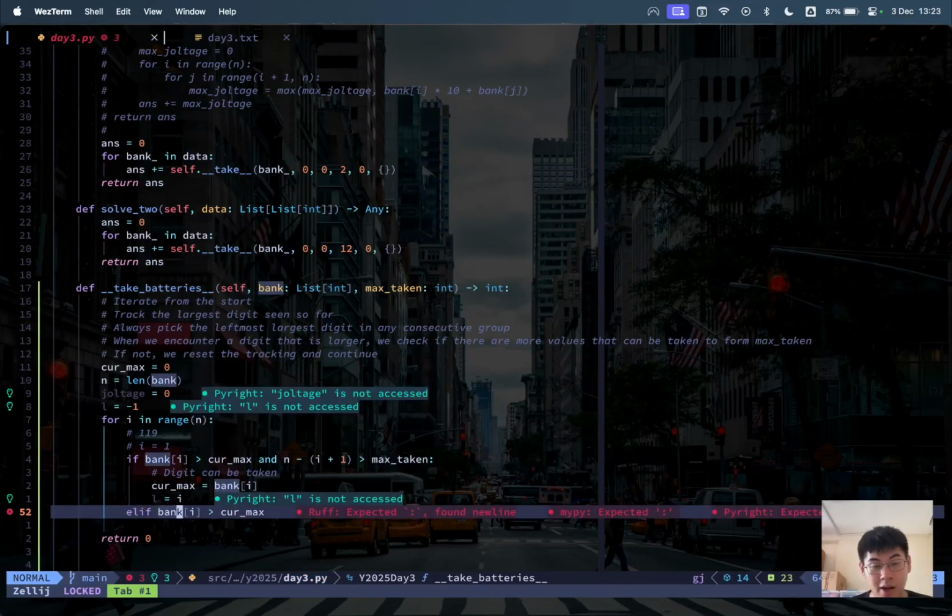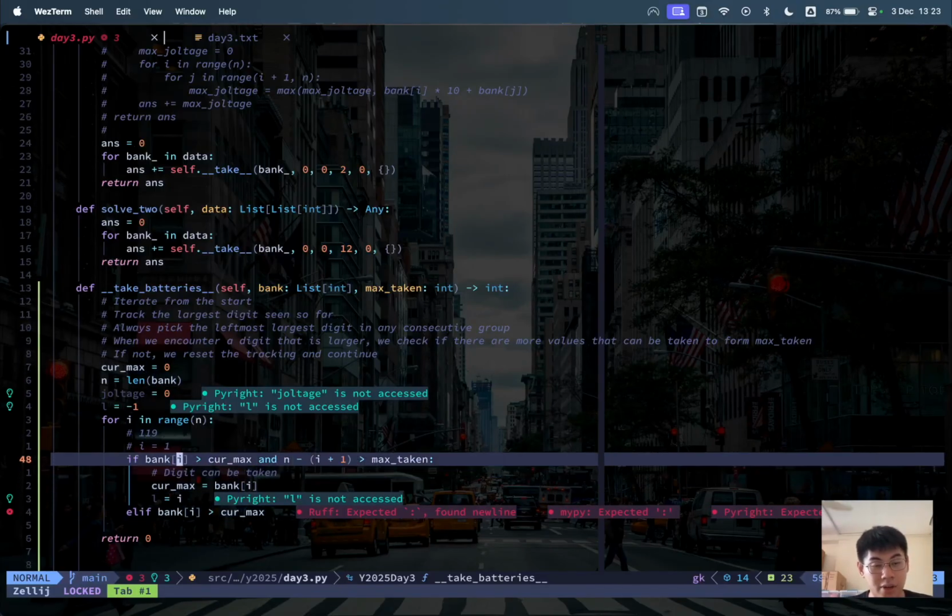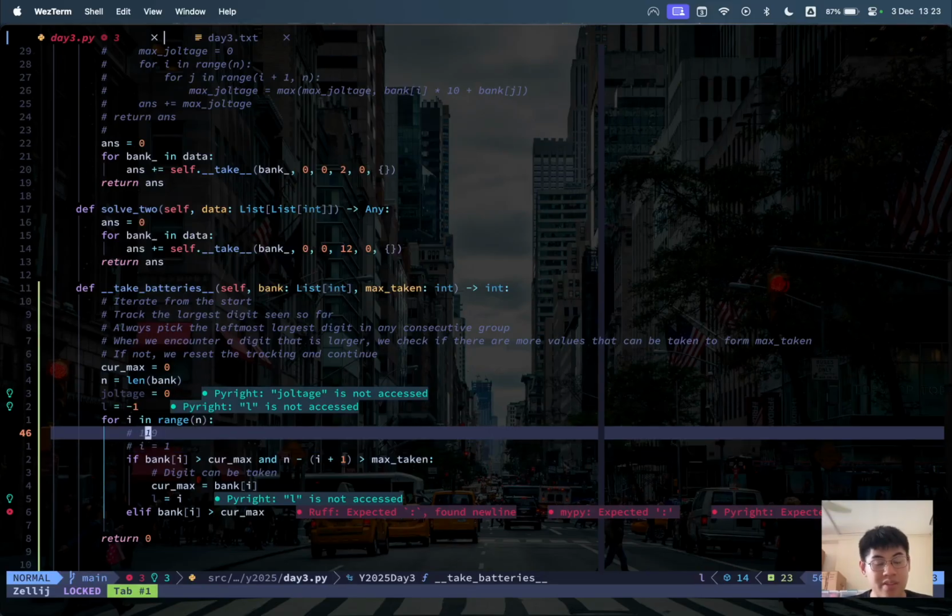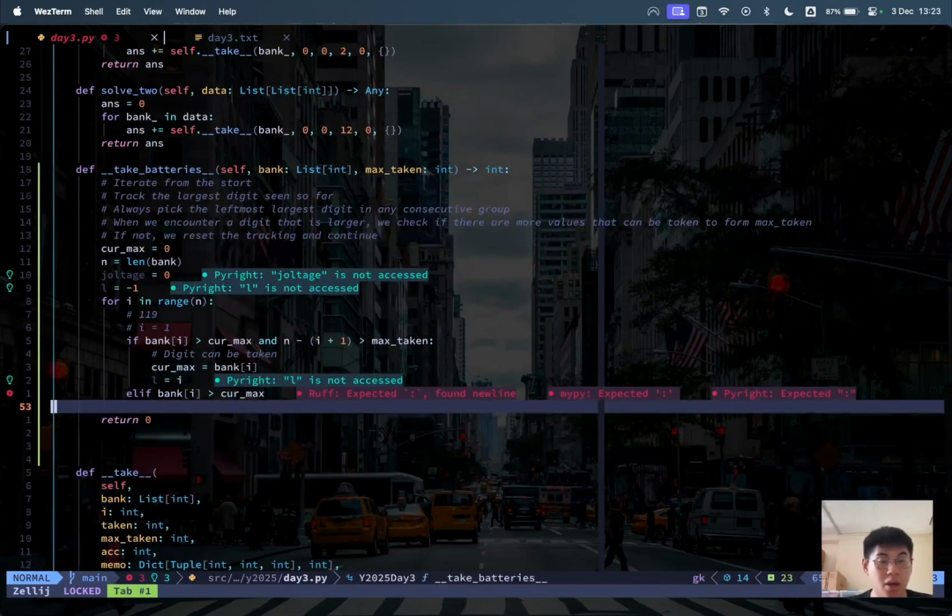The reason for doing that is because we want to be able to backtrack. In this scenario we would have seen 1, we don't want to take it, we see 9, and we realize we cannot take it anymore.